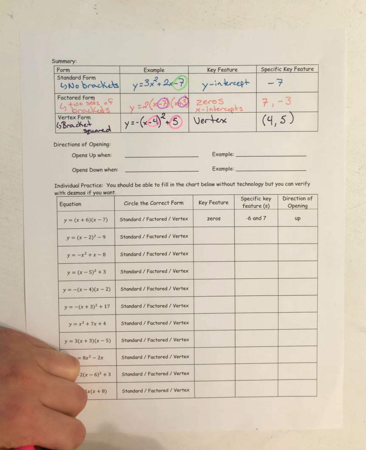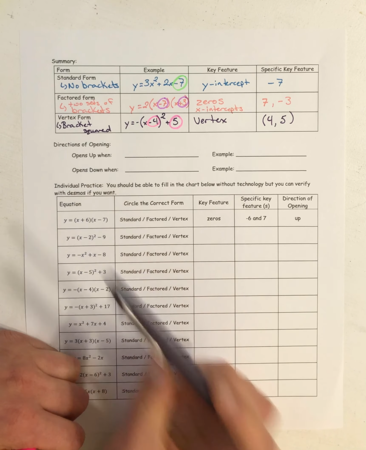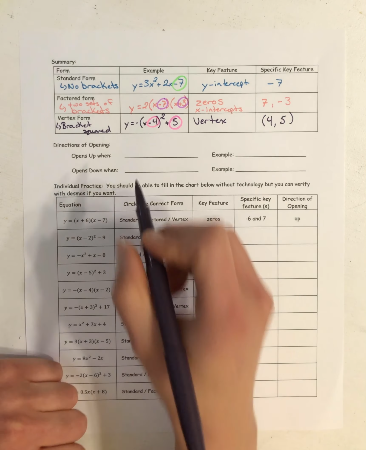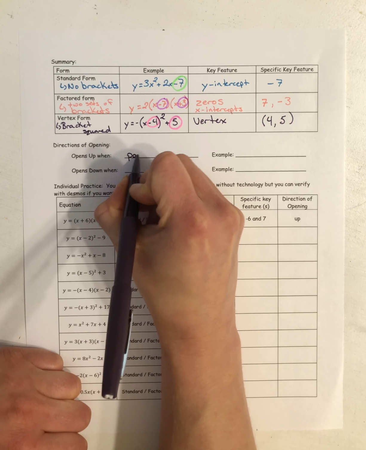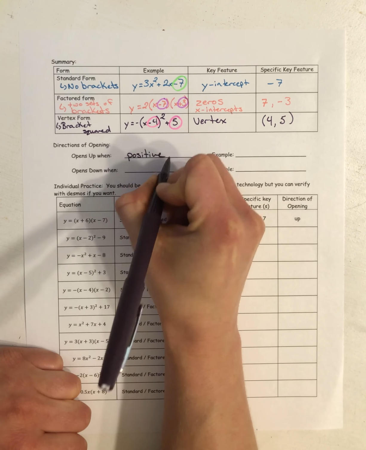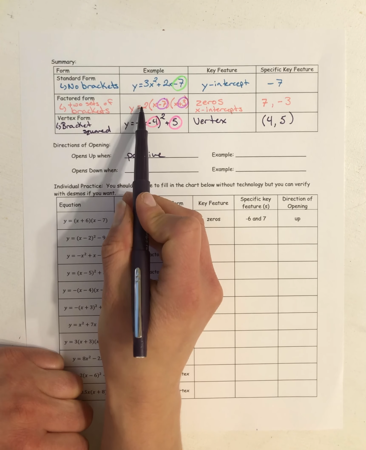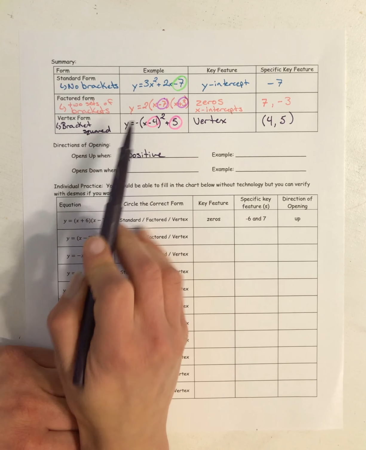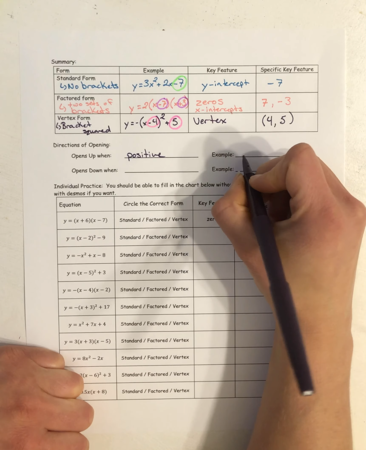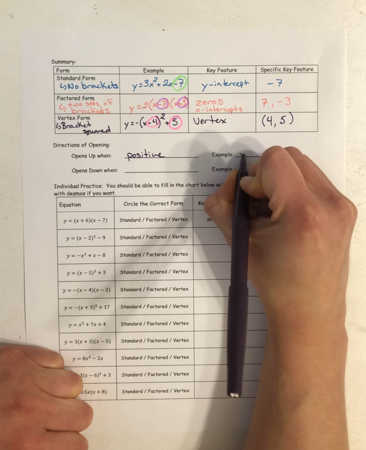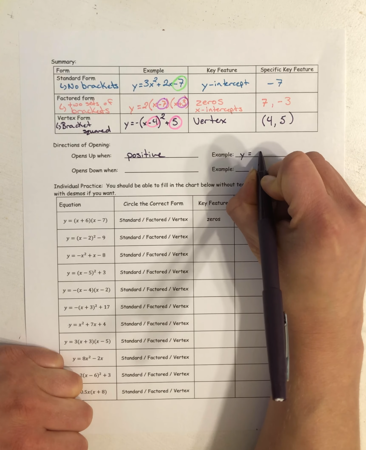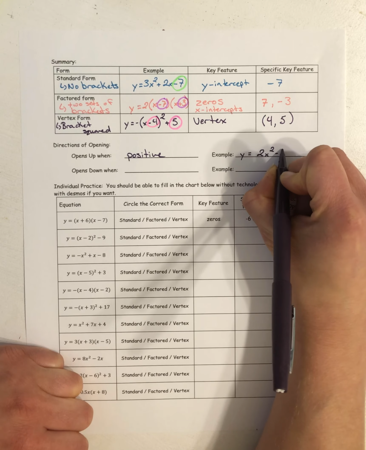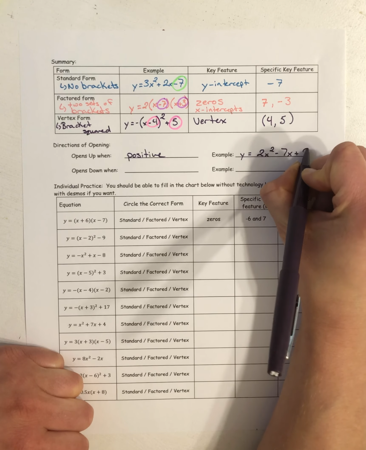So when we take a look at the direction of the opening, it opens up when there is a positive number at the start. See how this is positive 3 and this is positive 2. So our example here is y equals 2, it's not a negative, it's a positive, x squared minus 7x plus 2.